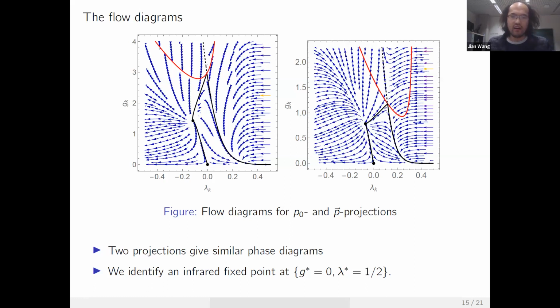In addition, we could identify an infrared fixed point around J star equal to 0 and lambda star around 1/2. This one is also reported in the fluctuation computation in the current case.